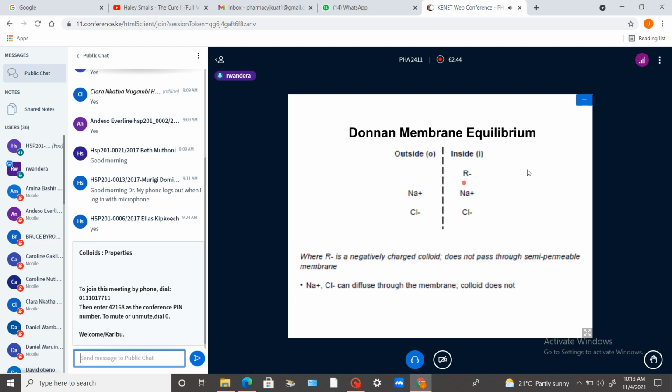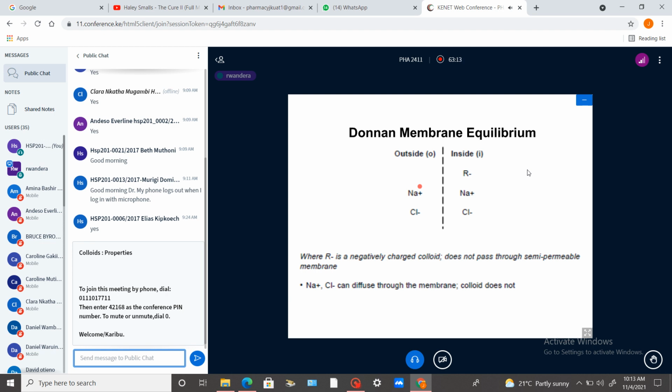And together with that, you'll also have a negatively charged colloid. Remember, the colloid will not go through the membrane. But sodium chloride consists of small ions, so they can easily diffuse across the semi-permeable membrane.